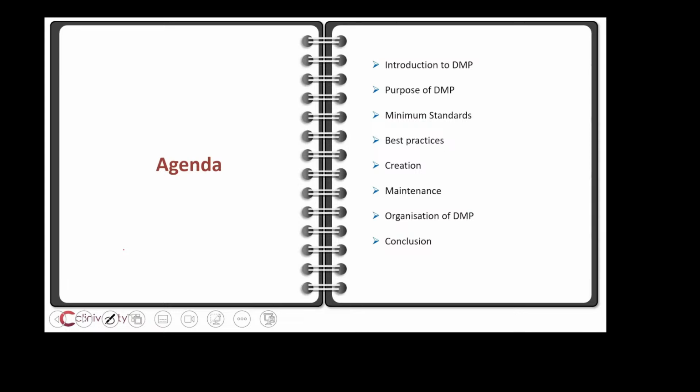Around mid to late 1990s, DMPs were in common use and data managers could attend seminars or courses on how to write and maintain them. In the early 2000s, DMP came to be considered as an auditable document.